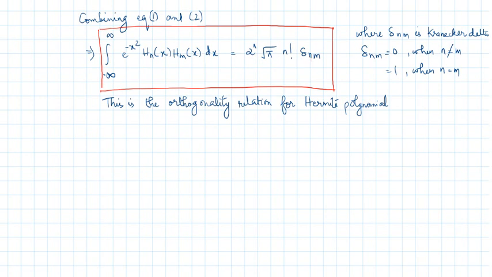Here I've used the specific property of delta nm, whose value is 0 when n not equal to m, and when n not equal to m, I get my equation 1 from here, and when n equal to m, I get my equation 2 from here. So the two relations, equation 1 and 2, can be combined in a single integral with the help of the Kronecker delta, and this is the orthogonality relation that I require and that is satisfied by Hermite polynomials.